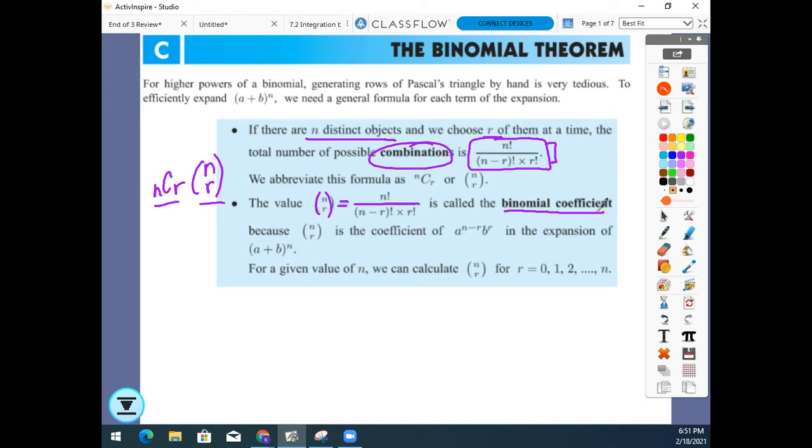Okay, so I also wrote down that the n choose r is the coefficient of a to the n minus r times b to the r, with your a plus b to the n. So we choose this r by using the exponent of the second term, the b term.